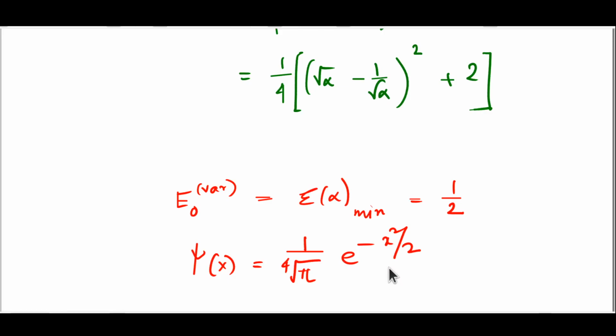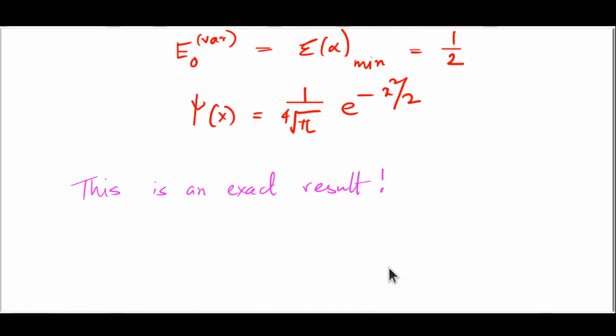Note that this is actually an exact result. The ground state energy is exactly half, and if you have managed to get half, the only possible way you can get that is that your trial wave function has actually hit upon the exact wave function.